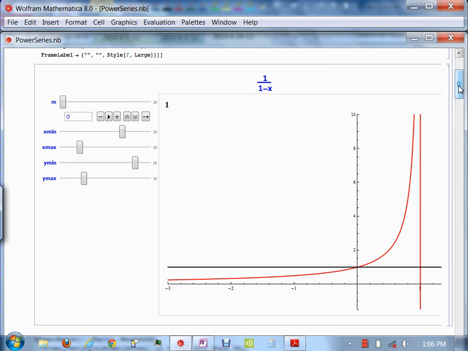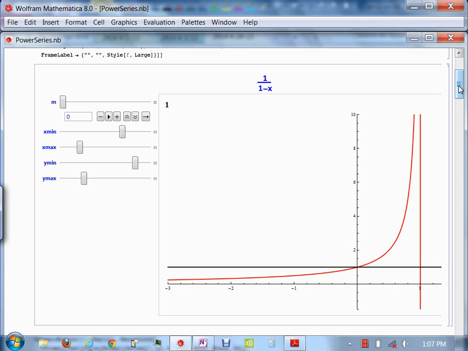This is the function 1 over 1 minus x, all right? One of the first things we do today, we're going to see that 1 over 1 minus x can be represented as a power series. So it's going to be something plus something plus something, powers of x forever, right?